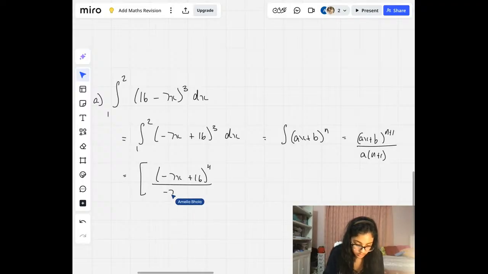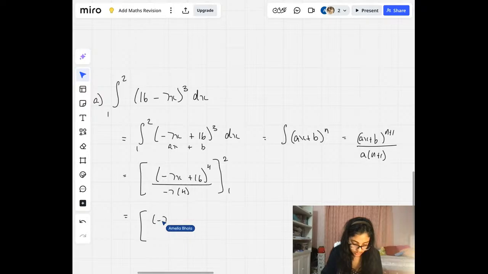So ax plus b, and then I'm multiplying by the 4. And so our limits, and let's do this real this time. Negative 7x plus 16 to the 4 over 28.